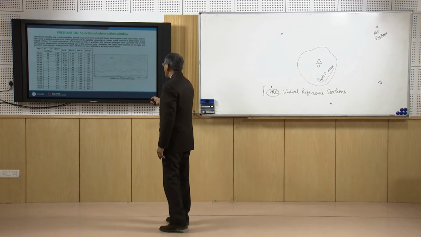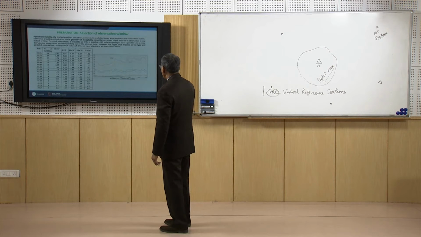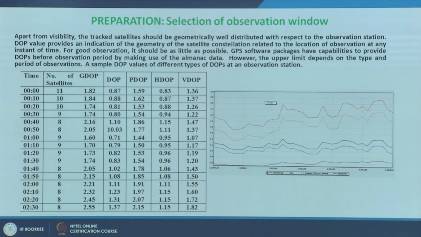If we have to select an observation window of 1 hour, I can see that from this point to this point will be a good time, with the least DOP value. So if we have this DOP plot for a particular place over a period of time, by looking at it we can identify at which time of the day we should go for observation.